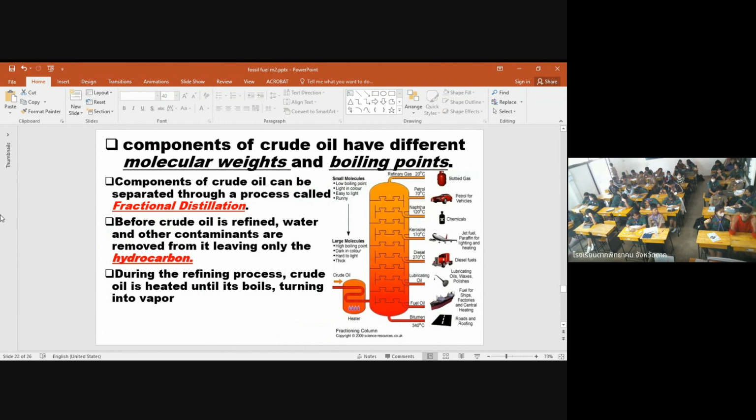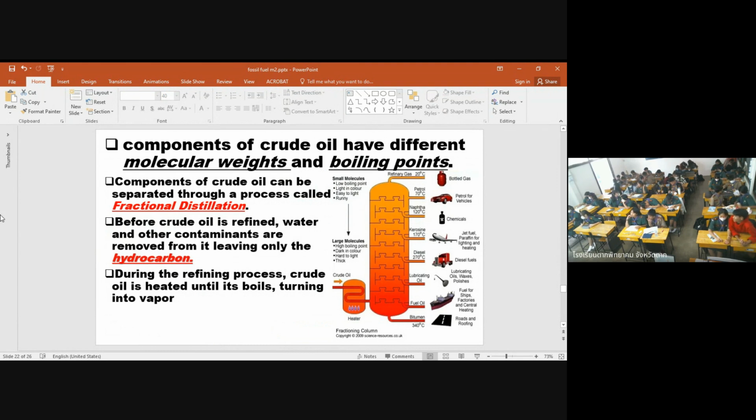Now we have your fractional distillation. Take a look at the picture. From petroleum gas, we have, of course, your cooking gas. And from petrol, we have your car fuel. From naphtha, we have your chemicals.